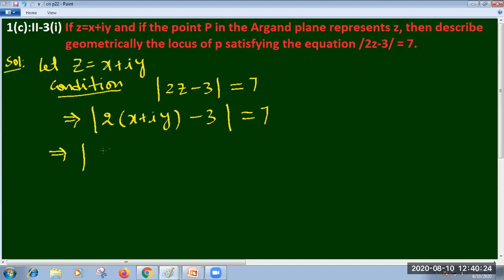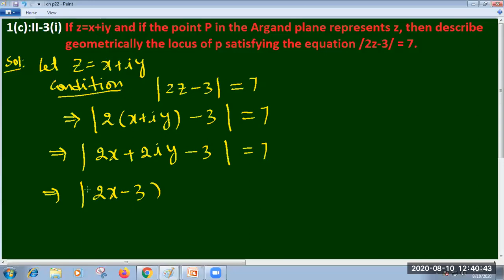So multiplying with 2, this is 2x plus 2iy minus 3 is equal to 7. Separating the real parts, (2x minus 3) plus i 2y, modulus is equal to 7.